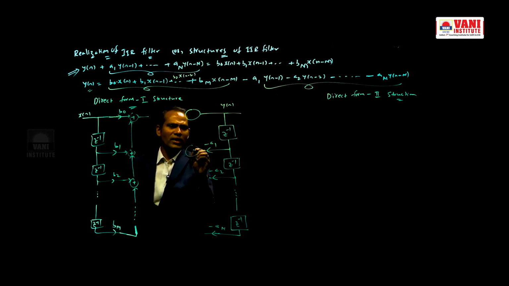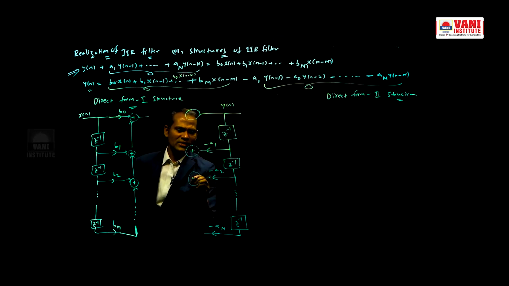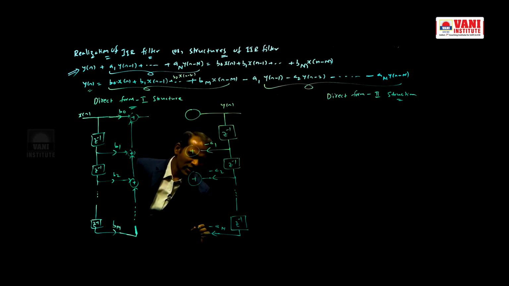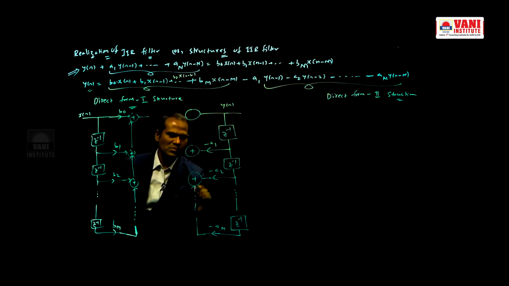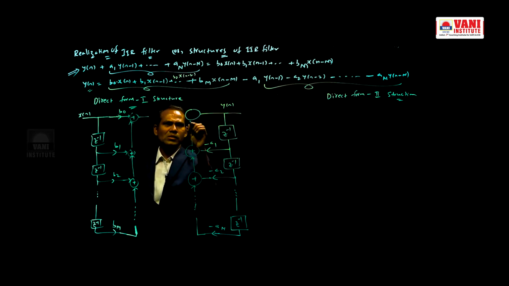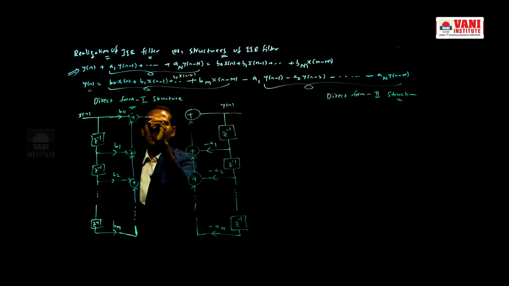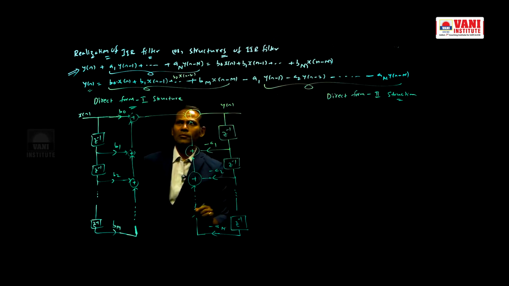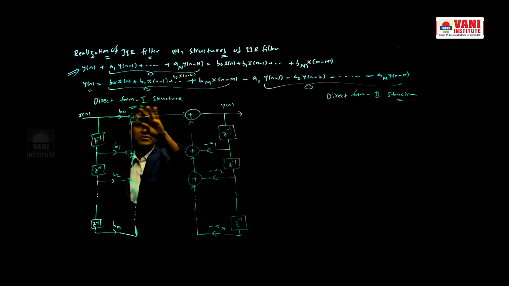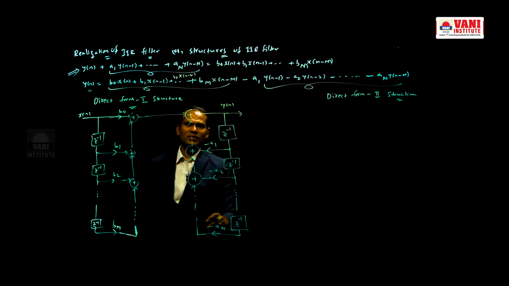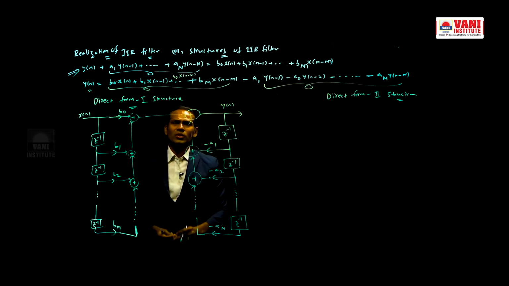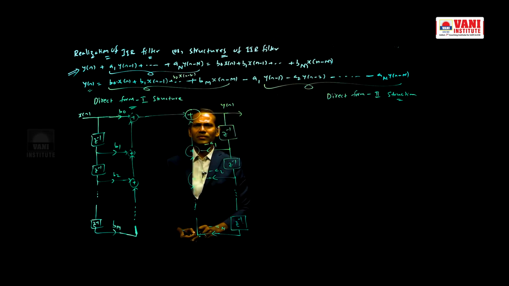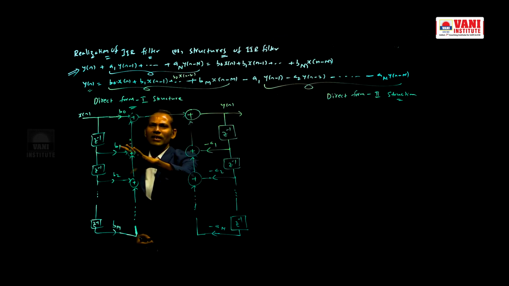And add all these y terms. Finally, this y of n is sum of x terms and y terms. Just add these two. So that is a direct form 1 structure. First write x terms, then y terms.